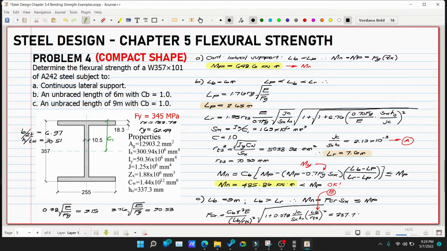Okay, so this is FCR, so critical buckling stress. So, megapascal stress siya.